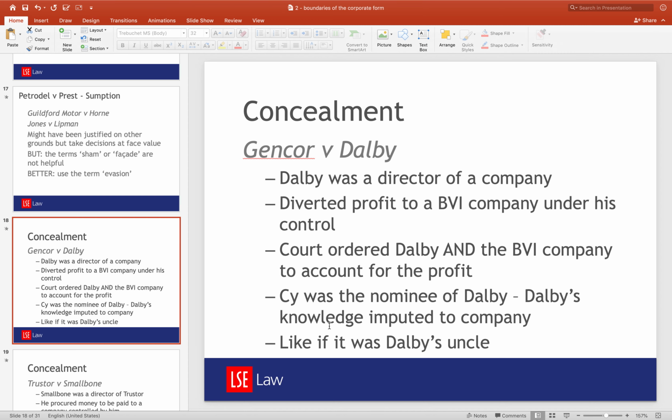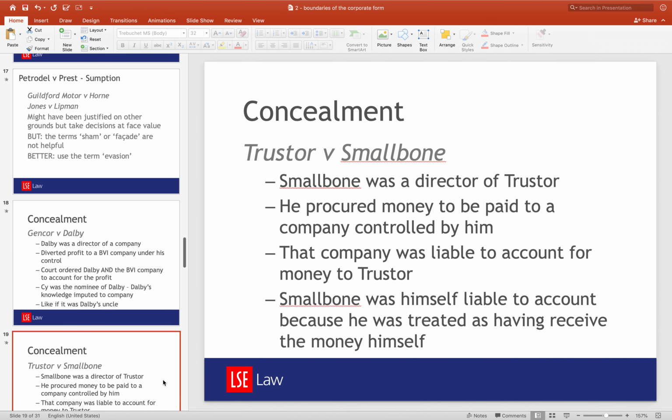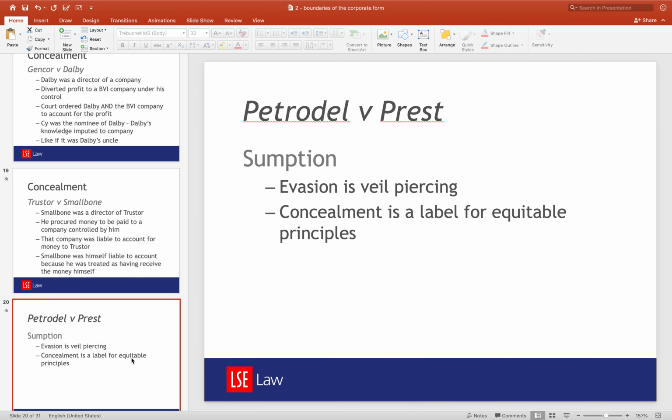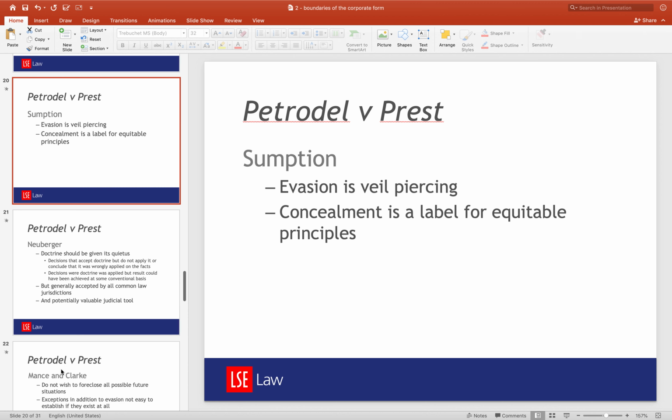Trustor and Smallbone is a similar situation. So Sumption then says evasion is veil-piercing, and he also says he knows of just two cases. Everything else, concealment, is a better label for the application of equitable principles.